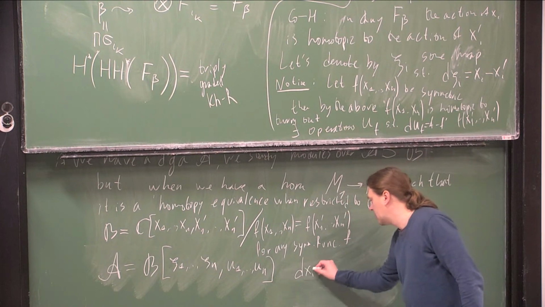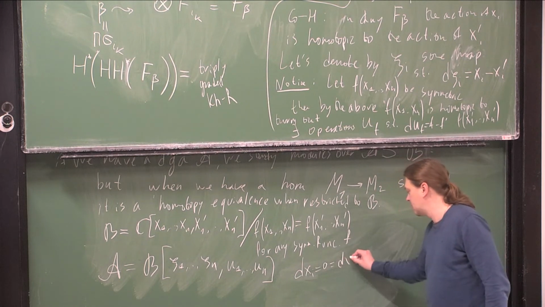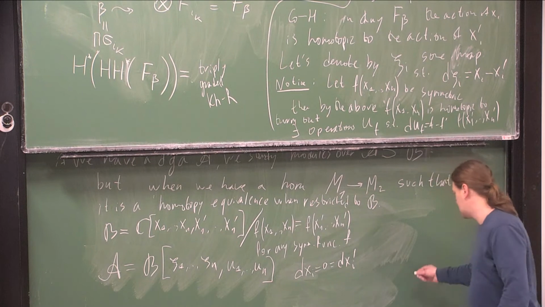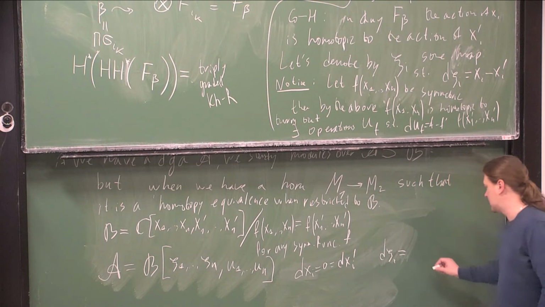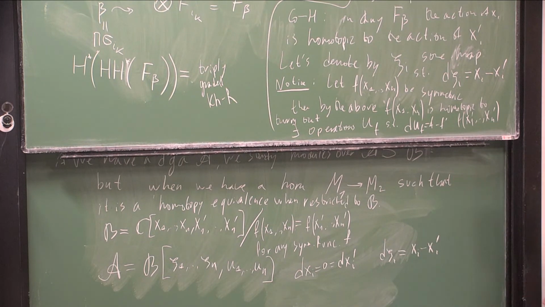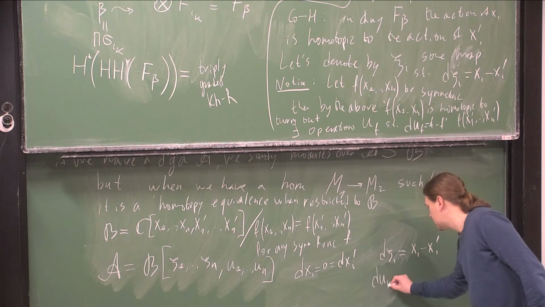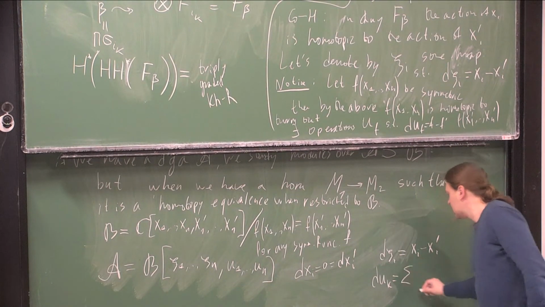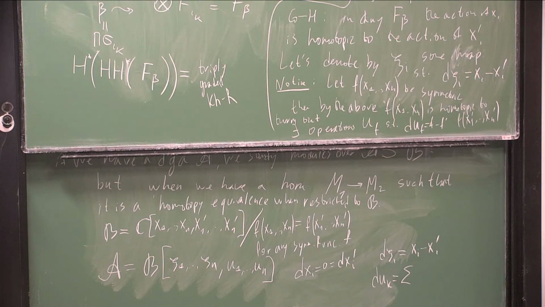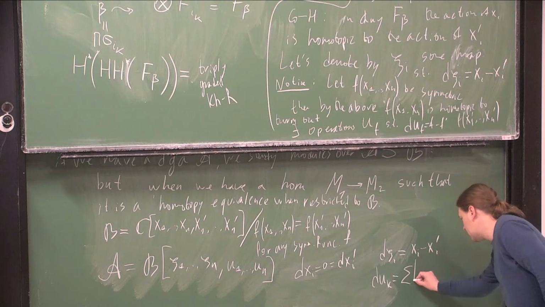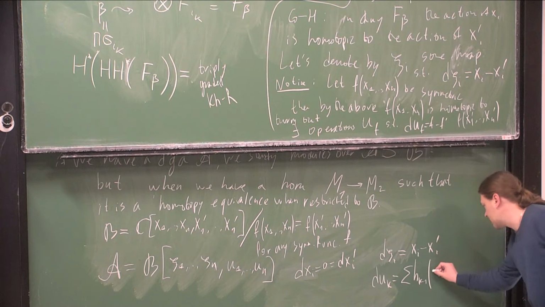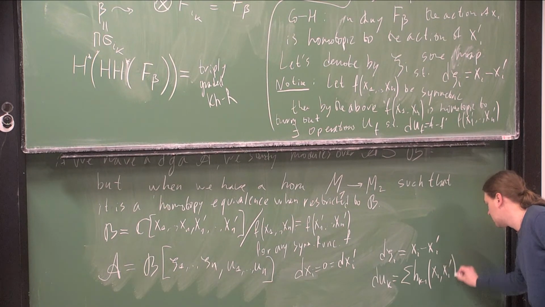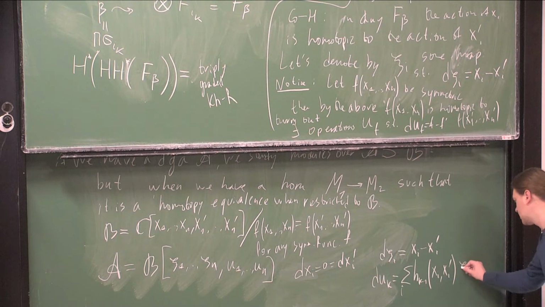So I write the differential. The differential of x_i is 0, and the differential of psi_i is x_i. And the differential of u_k is as follows. We have to work out this idea for the case when f is a power sum function, so we use power sums.